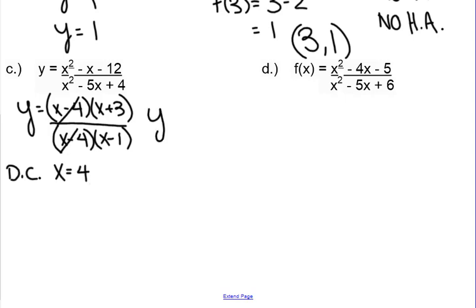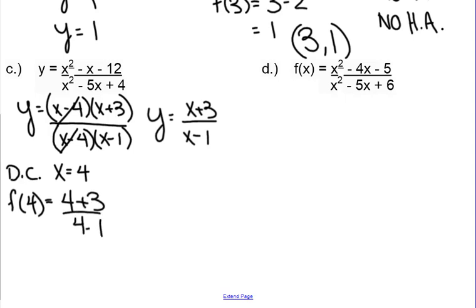Our reduced function, or our final function we would graph, would be x plus 3 over x subtract 1. So if we put 4 into that function, f of 4 is equal to 4 plus 3 over 4 subtract 1, which is 7 over 3. So this point, our hole in our graph, is at (4, 7/3).